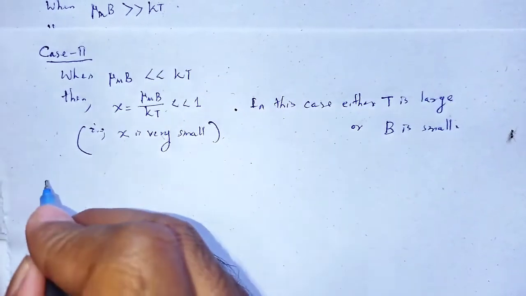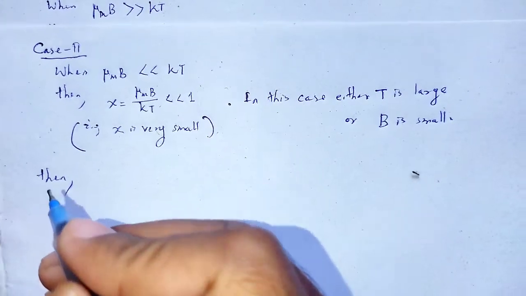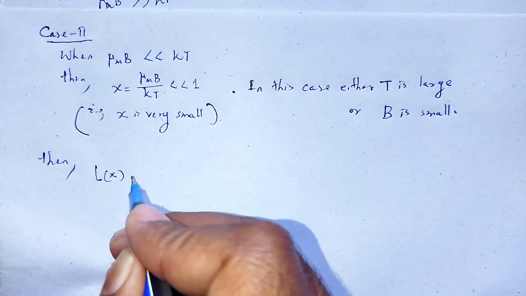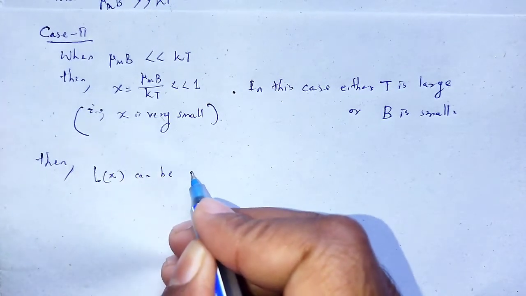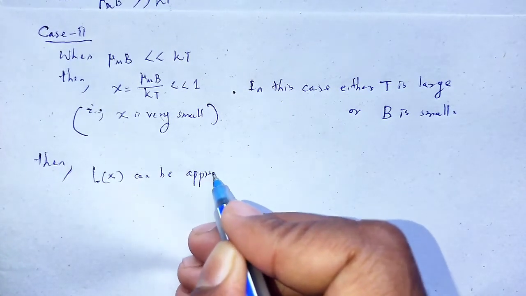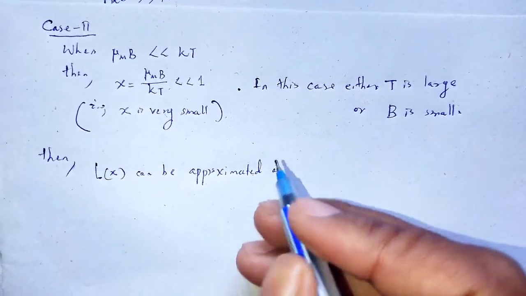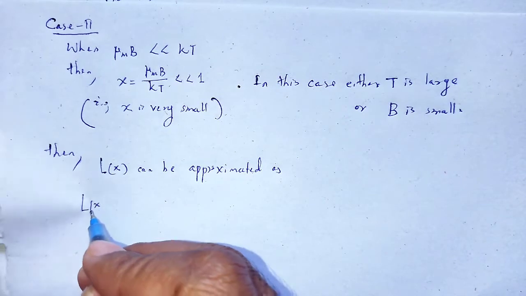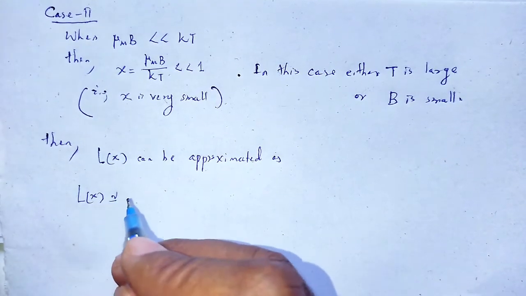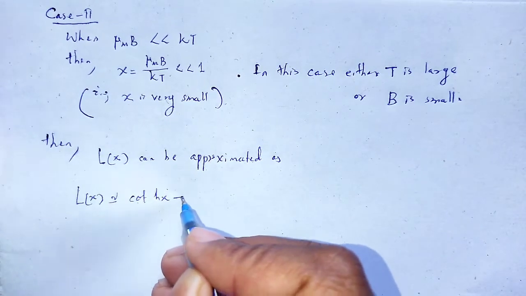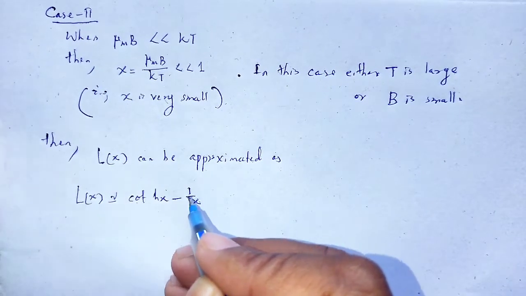Then the Langevin function L of x can be approximated as, L of x is nearly equal to coth x minus 1 by x.